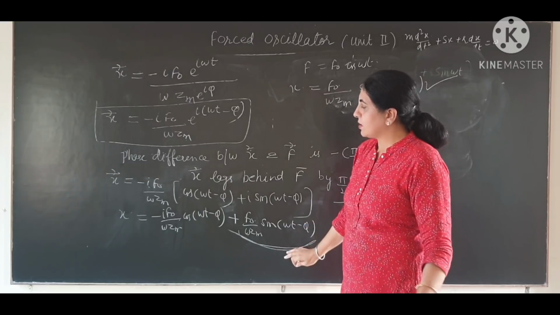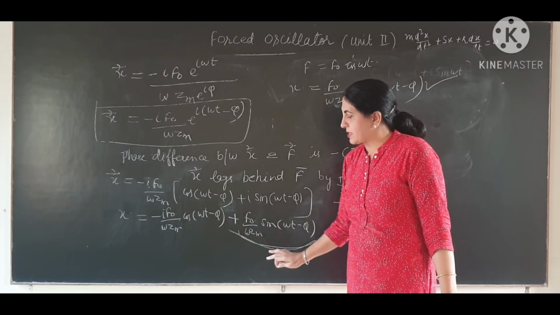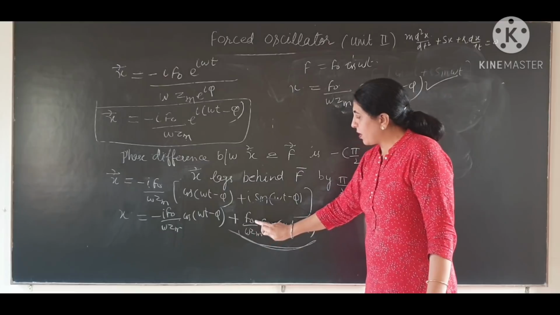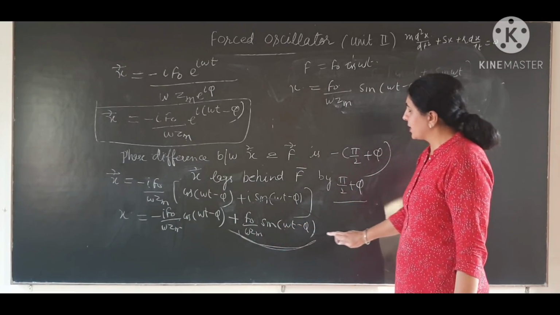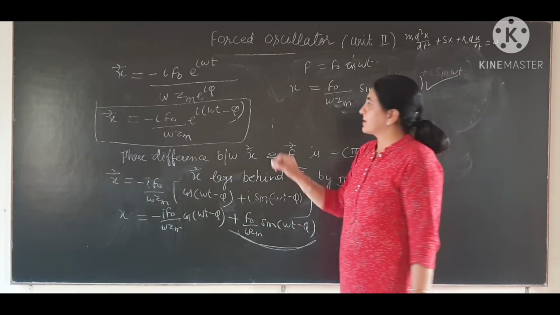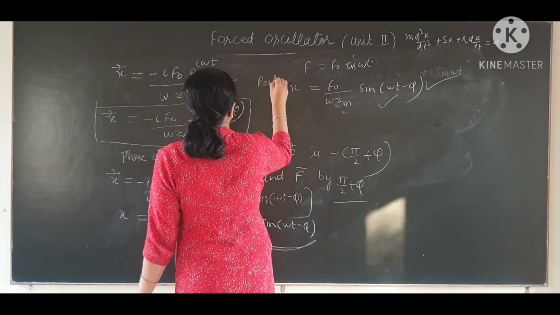You can use either the real or the imaginary part. Only we take the magnitude, F naught over omega Zm sine of omega t minus phi, as the real part of x.